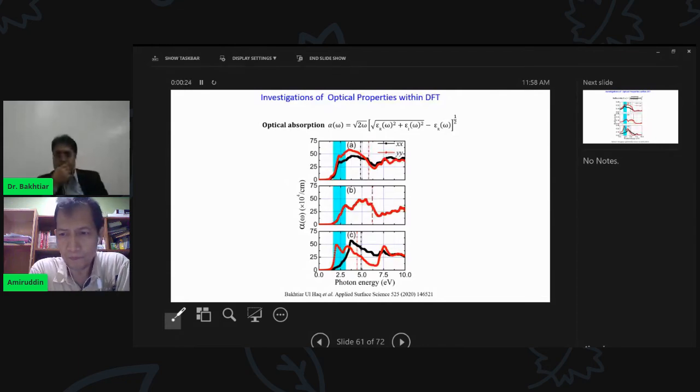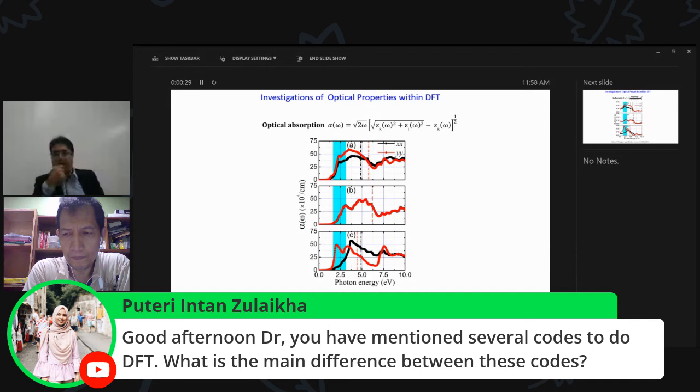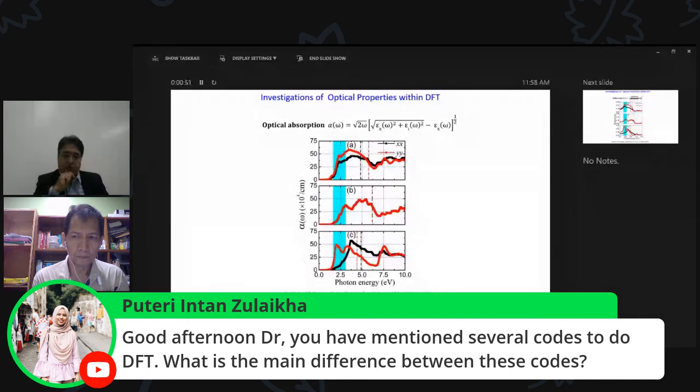Different codes have been designed for calculations of different properties. Like WIEN2k is mainly for the calculation of solid crystals. In case one wants to calculate the properties of molecules, then they can use DMol3 or even Gaussian. Similarly, for the study of surfaces, one can use even the Gaussian code.